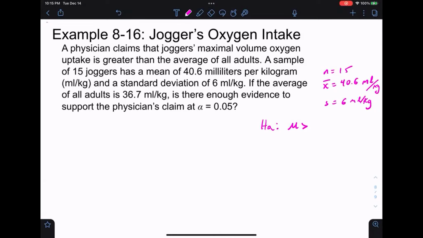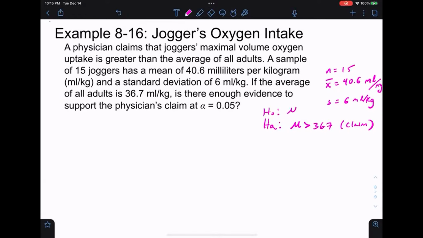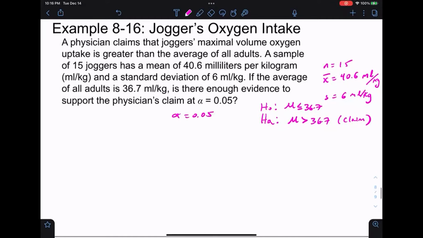The average of adults is 36.7, so this is supposed to be 36.7. This is the claim because he said that it's greater, and the null should be that it's less than or equal to 36.7. Is there enough evidence to support the physician's claim at 0.05? So we do the same thing again. We do the t-test, so this is x minus mu over the sample standard deviation over the square root of n.